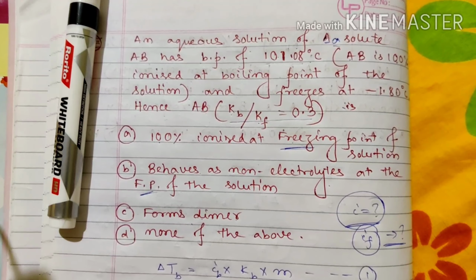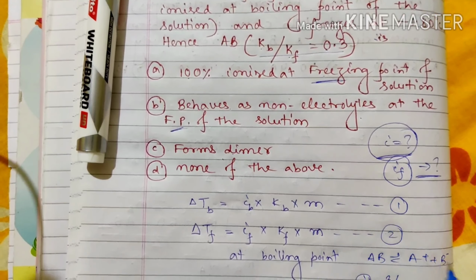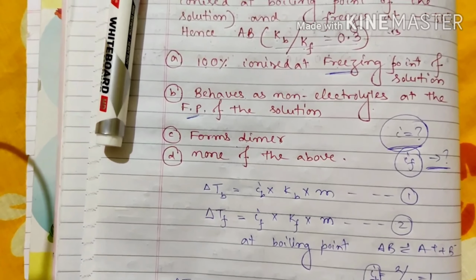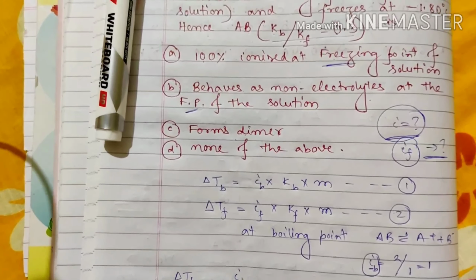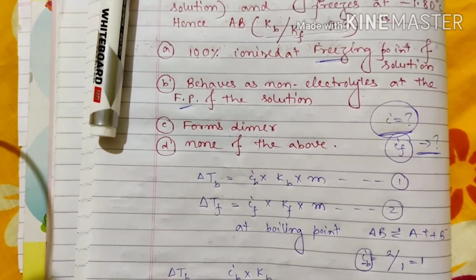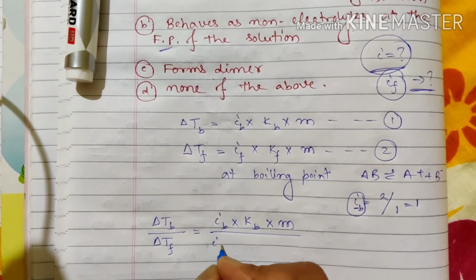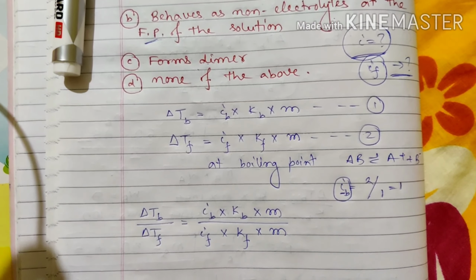So if I do equation number 1 by 2, it forms delta Tb by delta Tf is equal to IB into Kb into M divided by IF into Kf into M.